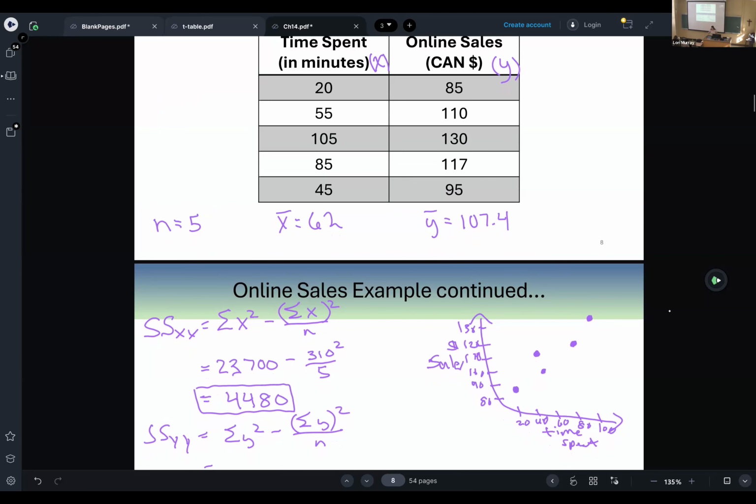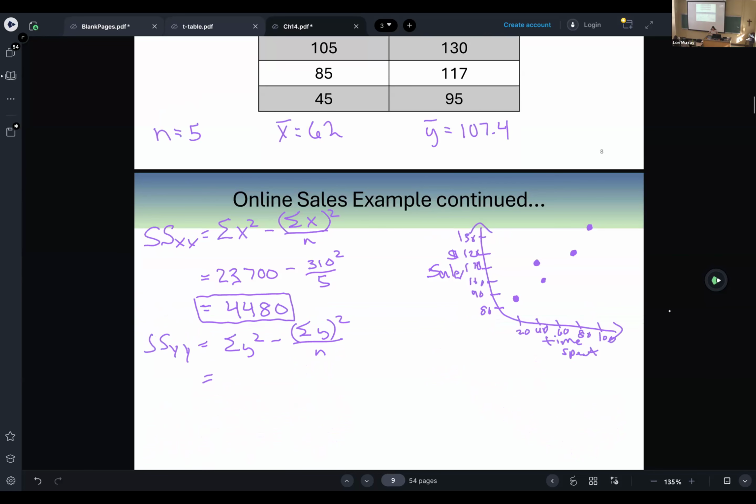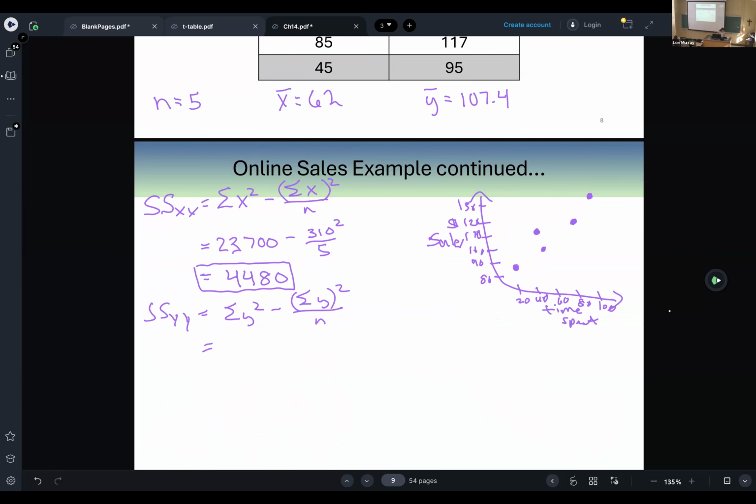589 39. See if you get the same as me. Subtract. Now we have an average of 107.4. If you just multiply that by 5, it takes you back to the sum, which is going to be 537.